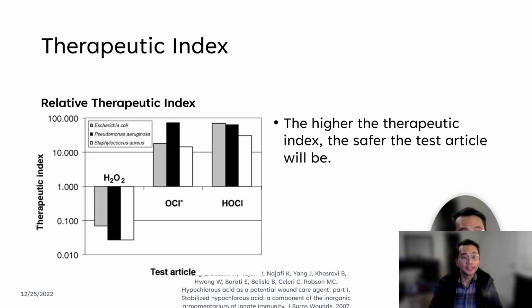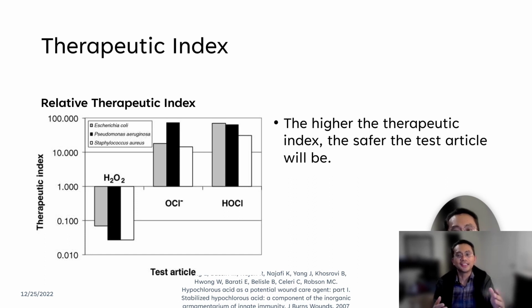So moving on, the therapeutic index, or TI, is referred to as the therapeutic ratio, which is defined as the quantitative measurement of the relative safety of a drug. In pharmacology, it is a ratio that compares the blood concentration at which a drug becomes toxic and the concentration at which the drug is effective.